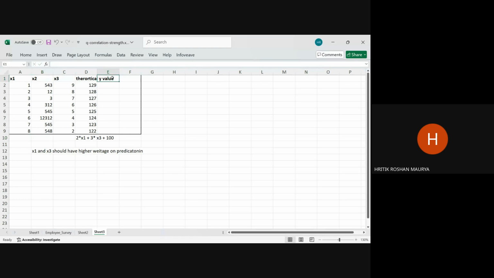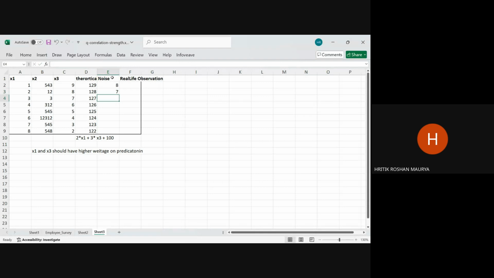And this is the real life observation. The real life observation value has some noise. The noise value I am taking is some random value.